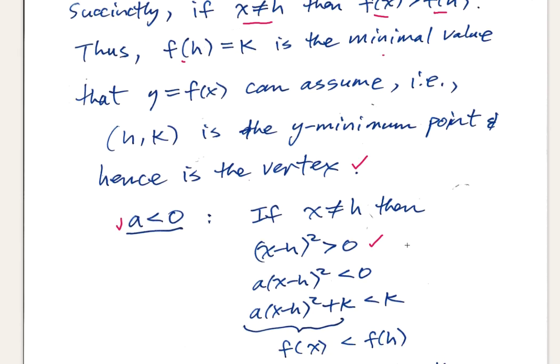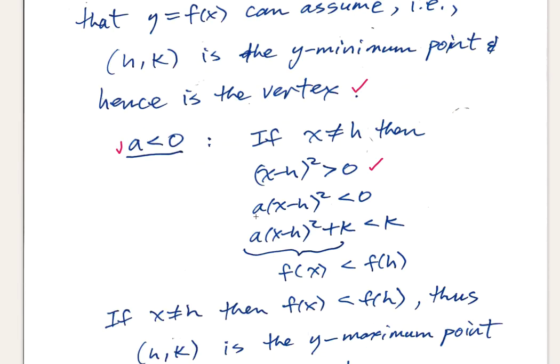That has nothing to do with a. But if I go a times x minus h squared, I'm actually going to get a negative number. Why? Because a is negative, but the quantity x minus h squared is positive. A negative number times a positive number is a negative number, and so we could say that product is less than 0. That's what it means to be negative, right?